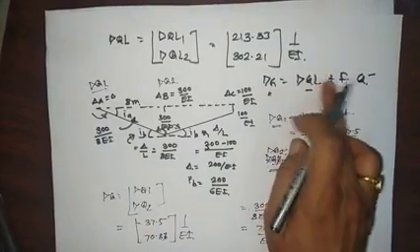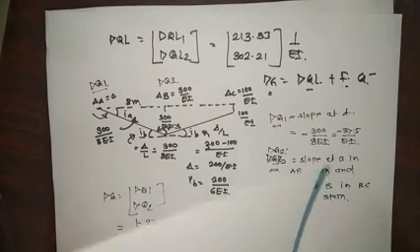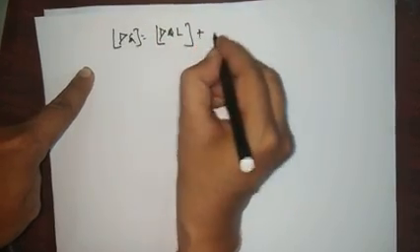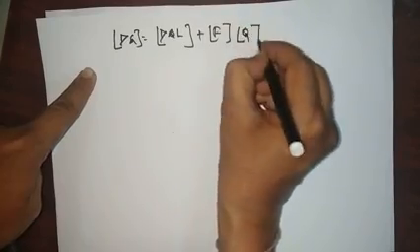Now we have the values of DQ, DQL, F and Q. Now put all these values into our equation. The formula is DQ equal to DQL plus F matrix times Q matrix.